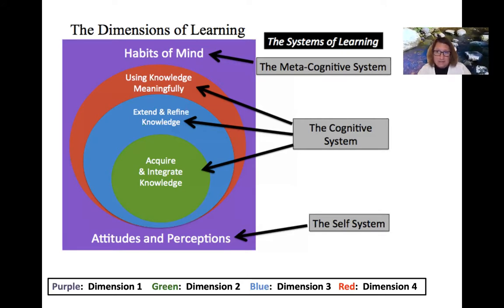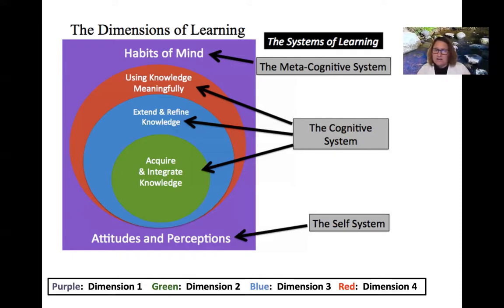That's the gatekeeper of the cognitive system of the brain. And we have to spend a lot of time building up our students in that realm, because the cognitive system can't be reached if the metacognitive and self systems are not strong. So that's the social emotional learning. That's the piece that's so critical to improving the cognitive system, which is the system that we measure.